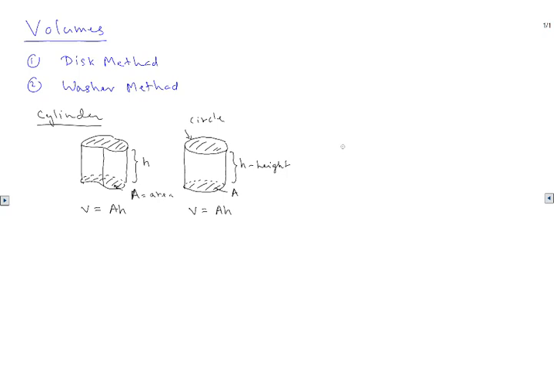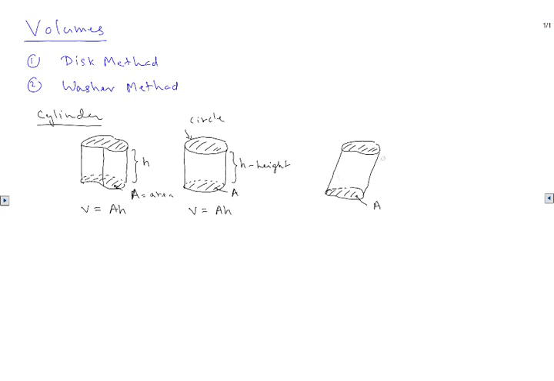We have one like that, and another one is like this. They are parallel but not one above the other. And then again the base area is A, and the height, but we don't take the height like that.